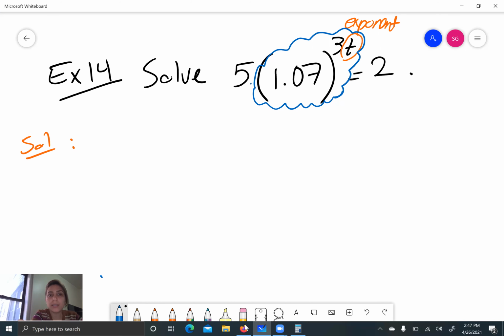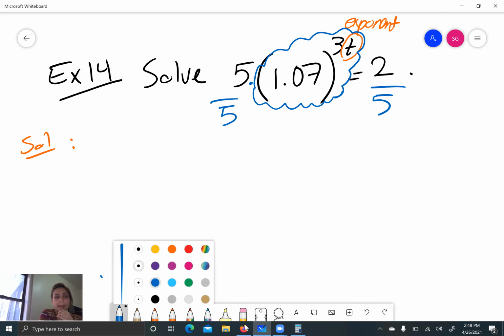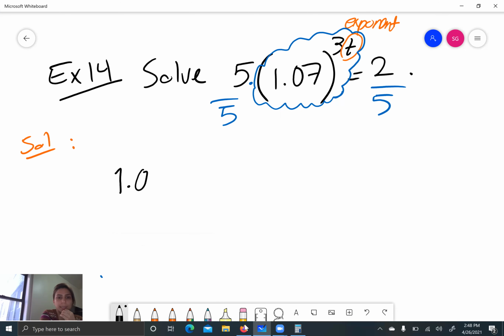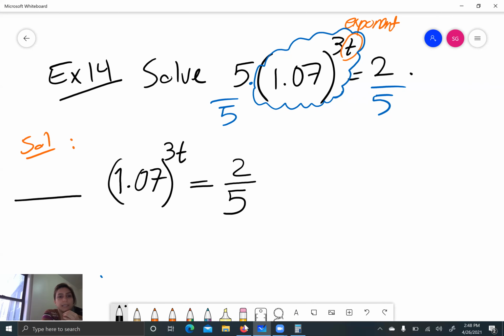Here, I see that it is multiplied by 5. So let's get rid of this 5 and divide both sides by 5. In this way, we have it by itself on one side. So we have 1.07 to the power of 3t equals 2/5, because we divided both sides by 5.